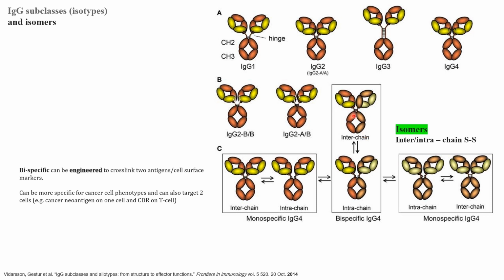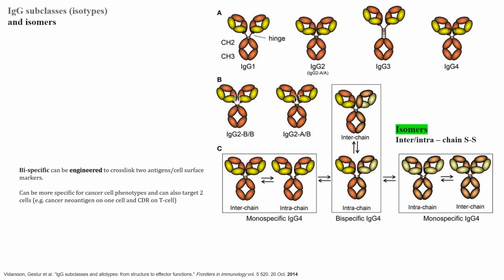Also, it's possible to alter the disulfide bonding so that the cysteines which form disulfide bondings here may actually be replaced with an intra-chain disulfide bond. And this alteration between these intra and interchain, these are called isomers. This part is not very relevant for a medical application, but the allotype section is, and you may come across bispecific, the engineered antibodies if you read research about novel treatments.